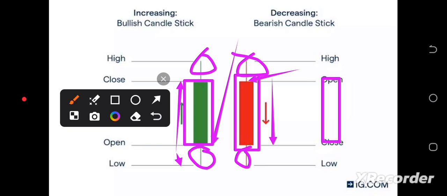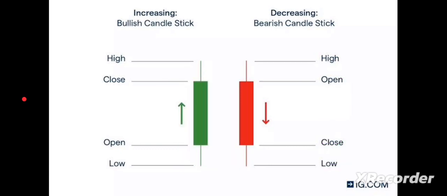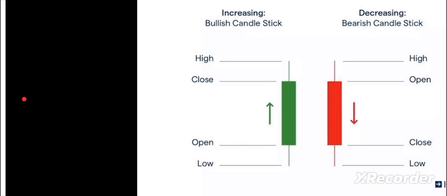It is going to leave a small sign below, known as a wick or shadow, telling you that the market got to this particular low before it was rejected and closed. So that is a Japanese candlestick for you. To observe this very well, you will need to see a live market chart.